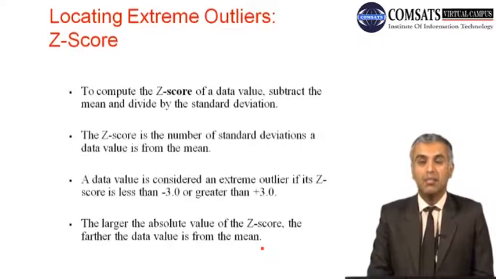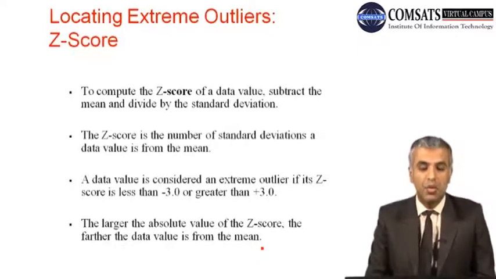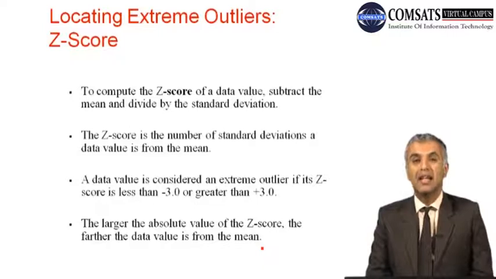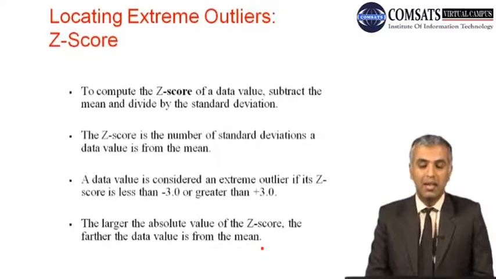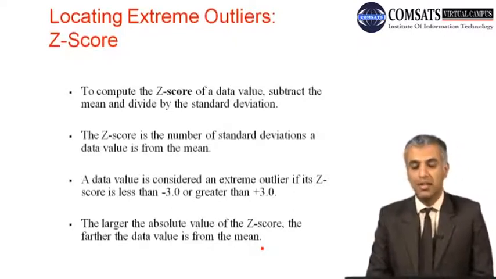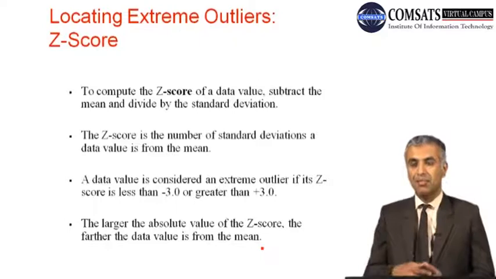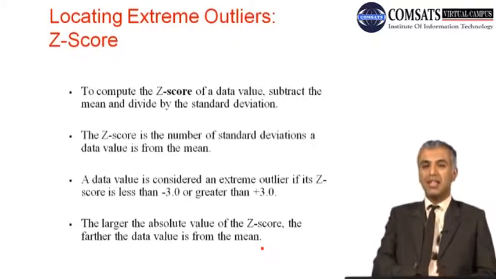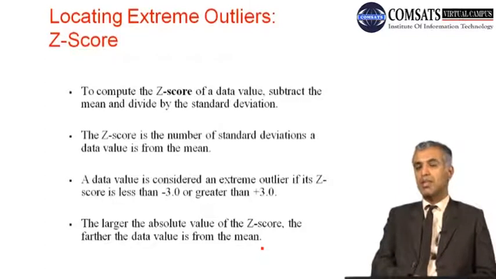In fact, most of the values or data values are preferably first converted to ZScore and then they are used for analysis. Now you can see that in order to compute this ZScore, all what we have to do is to subtract the mean and divide the value with the standard deviation. Now basically this represents the number of standard deviations the data value is away from the mean.